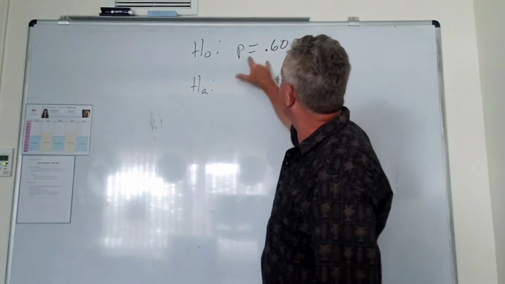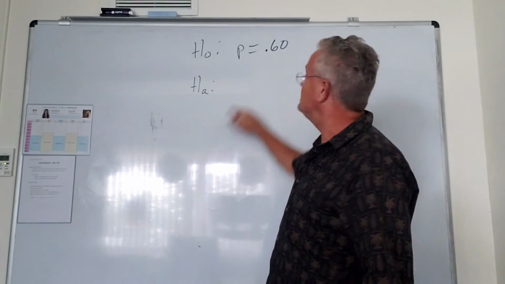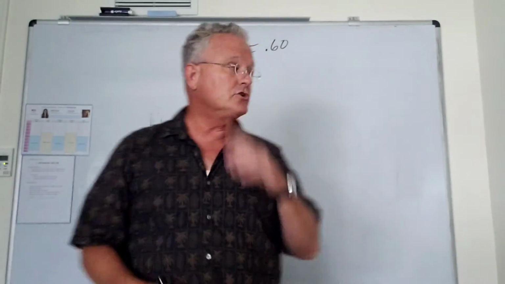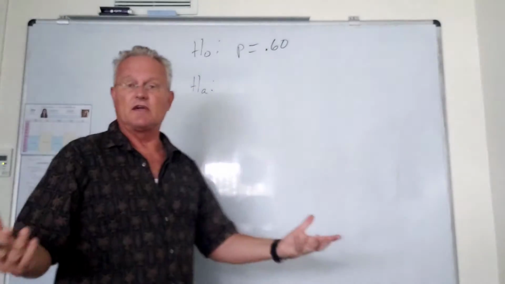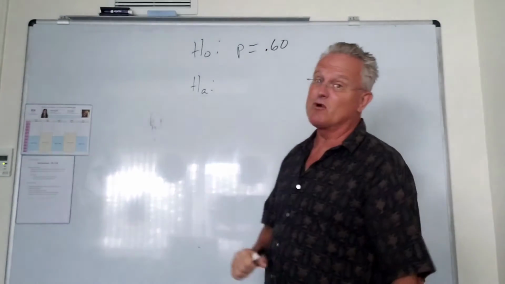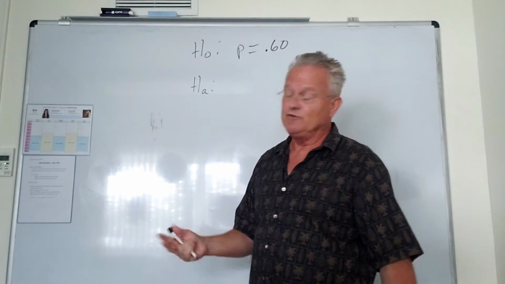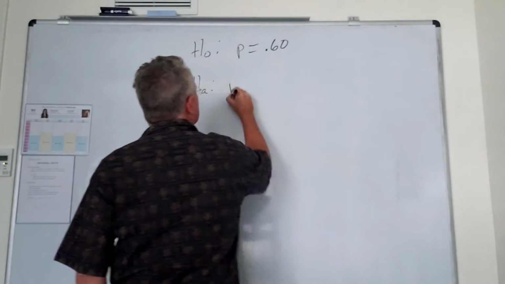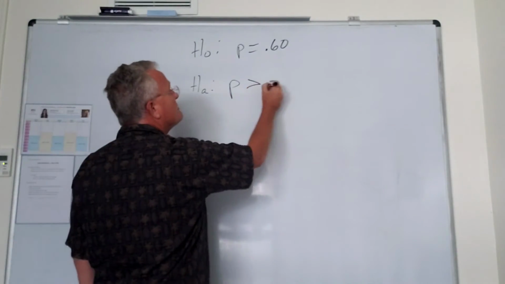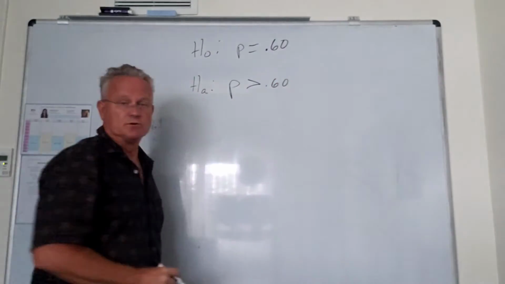But if that's the claim, that the proportion is 60%, that's the null hypothesis. Then the alternative is what you think, or the researcher. You might think, no, I think it's more than 60%. If you think it's more, then the alternative is the proportion is greater than 60%.